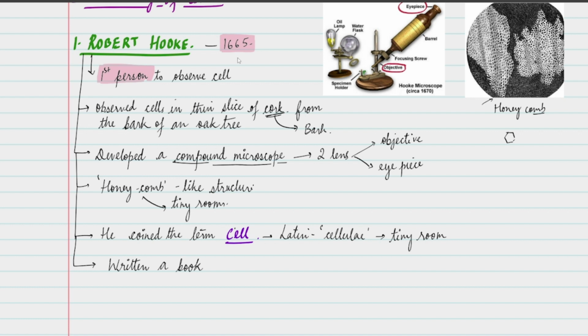Such a long time ago. He wrote a book. What's the name of the book? Micrographia. So that's all you need to know about Robert Hooke. For your school exam, for Olympiads, this would be enough. Okay, that's a compound microscope.